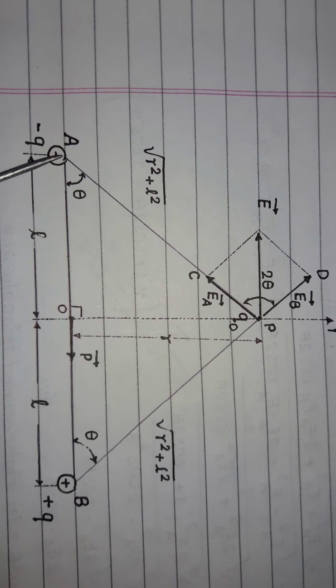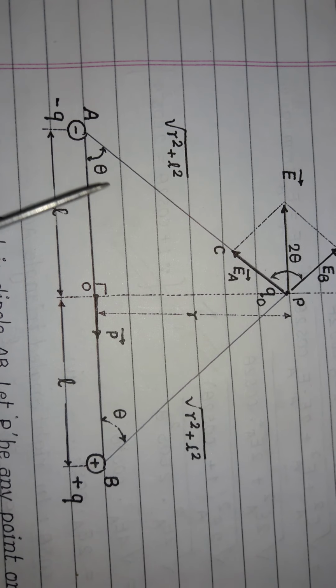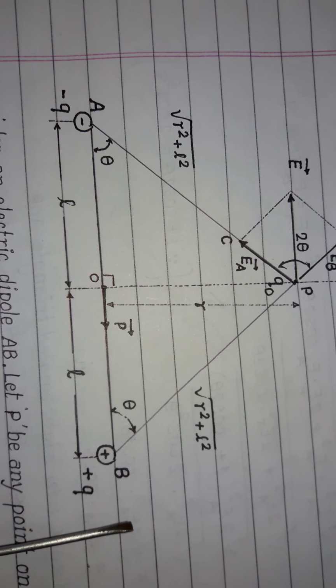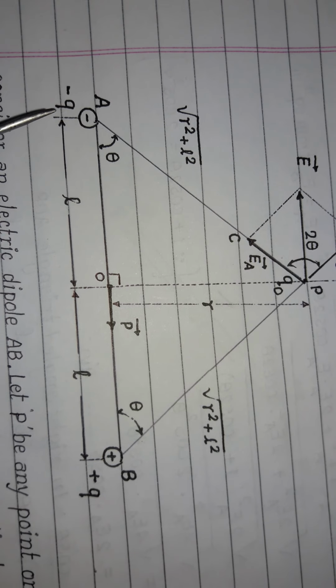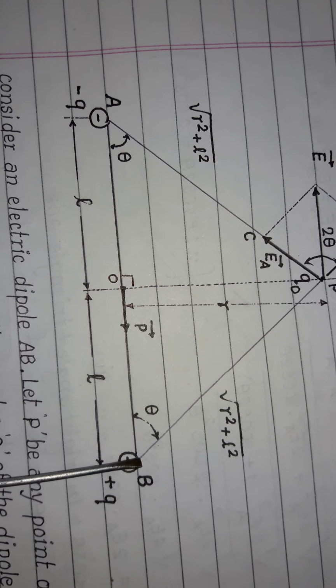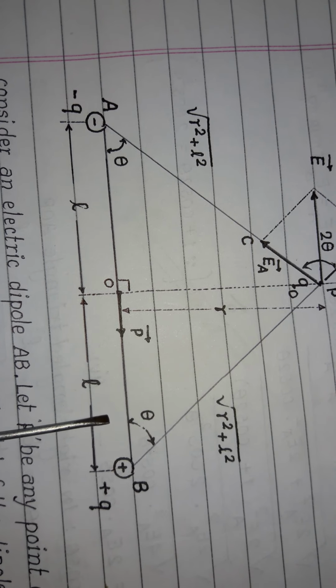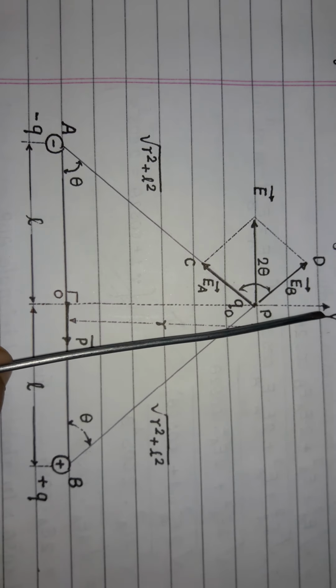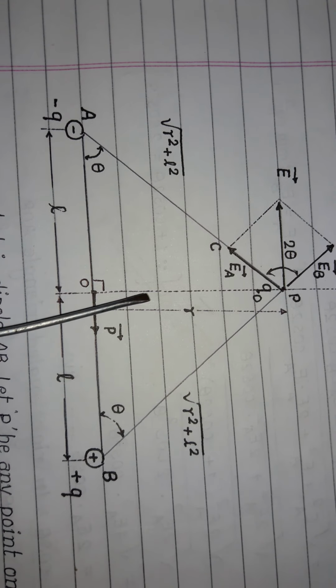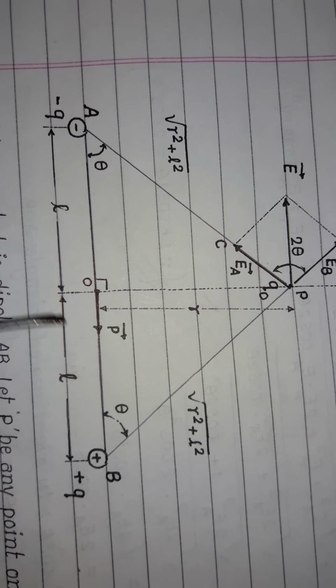So see the figure first. Let us suppose this is the dipole consisting of two charges A and B. A is of minus q, B of plus q magnitude, meaning both are the same in magnitude, opposite in sign, and they are separated by a distance 2L. Clear? Now see, this line is the equatorial line, which is passing through the center and also perpendicular to the dipole length.